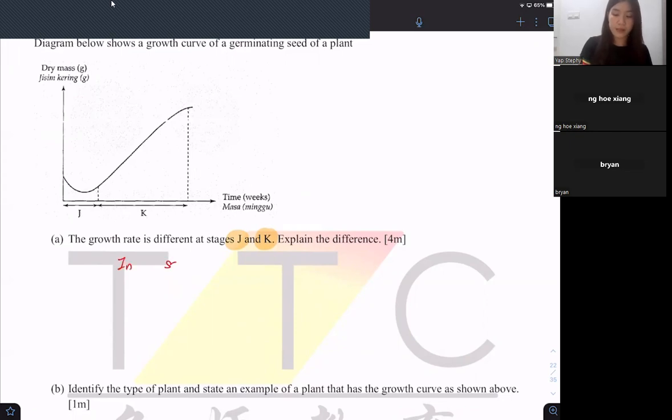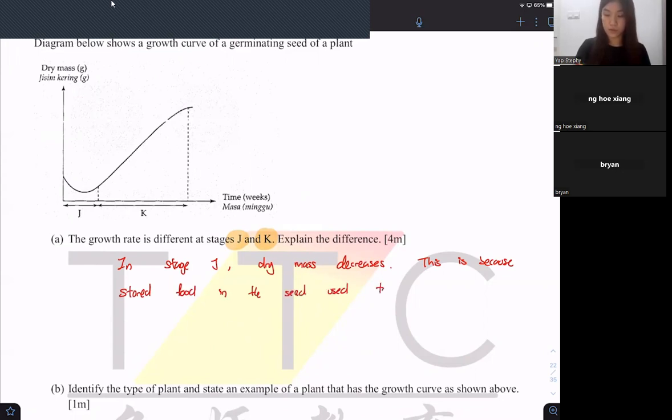Example for the first one, in stage J, dry mass decreases. This is because store food in the seed used to provide energy.